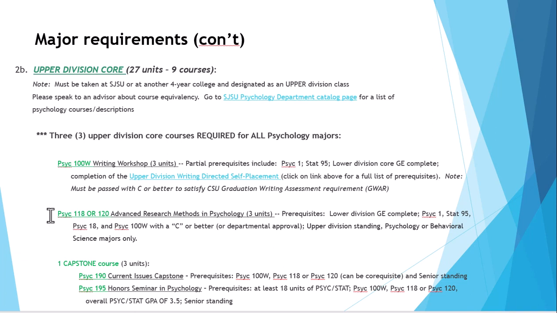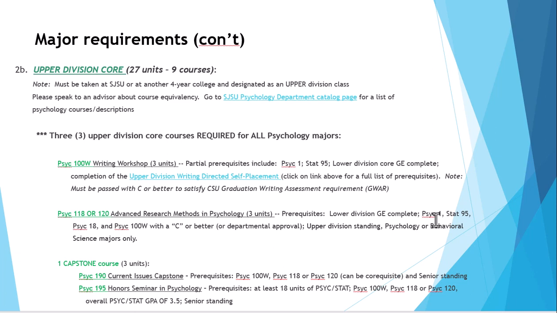So either Psych 118 or 120. Okay, those are our Advanced Research Methods classes that all of our majors are required to take. So again, there are many prerequisites for you to enroll in Psych 118. So you have to have all of your lower division GE core courses completed.